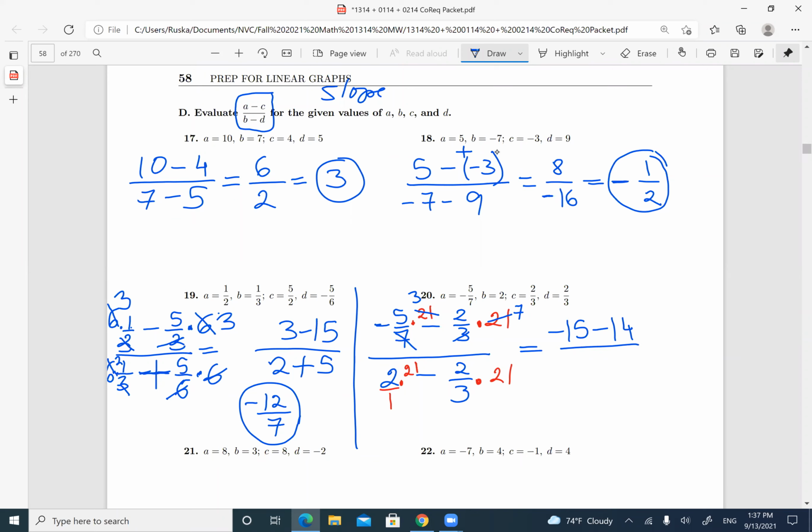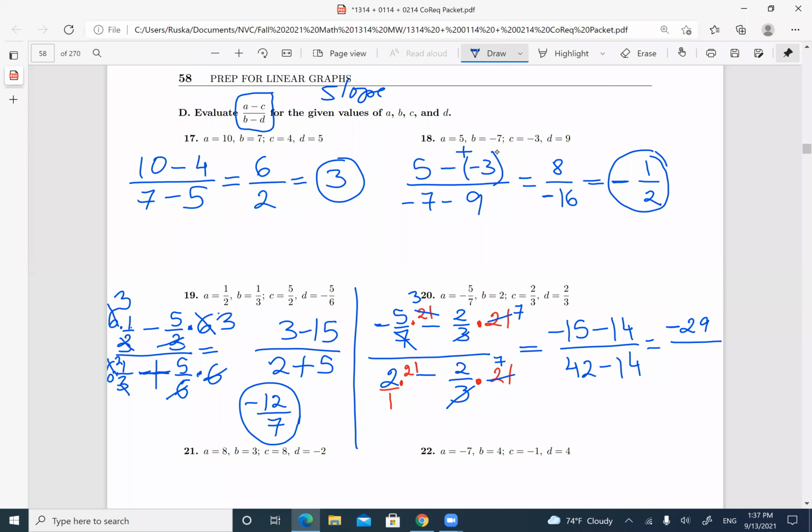2 times 21 is what? 42, right? Minus 3 and 21 is going to be 7, and 2 times 7 is 14. And then you have to do the math here. So I have negative 15 minus 14 is negative, what is that, 29, right?